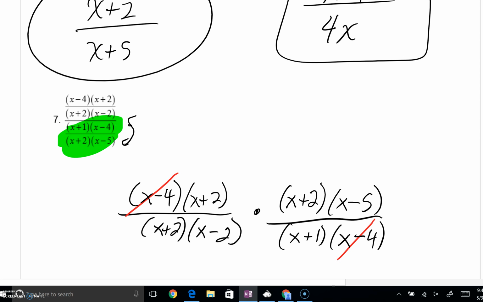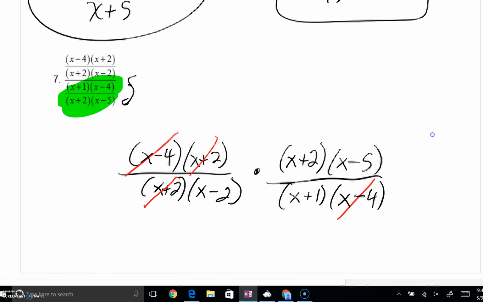Very good. Anything else cancel out? X plus 2's. Now, this is where sometimes kids get a little confused. They'll say, well, which x plus 2's? I've got 3 of them. As long as you cancel one on top and one down below, you're good. You could have canceled the one that was further away. At the end of the day, it's going to be the same answer.